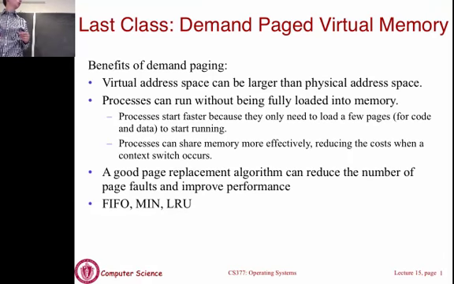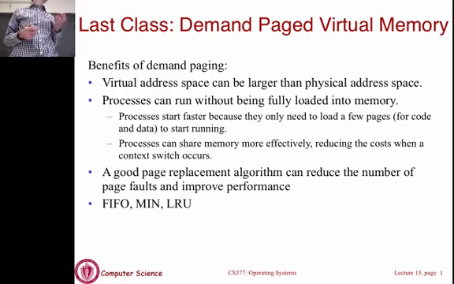So from a week and a half ago, remember we were talking about demand paging. Remember the idea there was we want to be able to run processes in memory that have more than the amount of physical memory we have available, and we want to run multiple processes all at once, which means we have to store all of their memory, but we want to do that with many processes, regardless of the amount of physical memory we have.